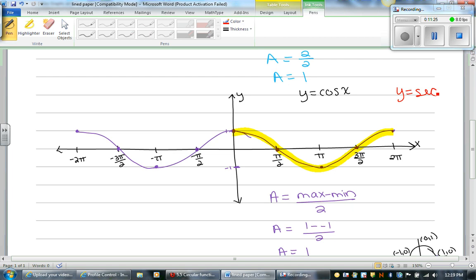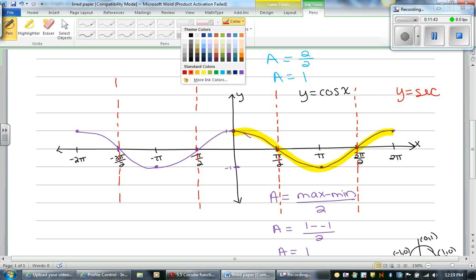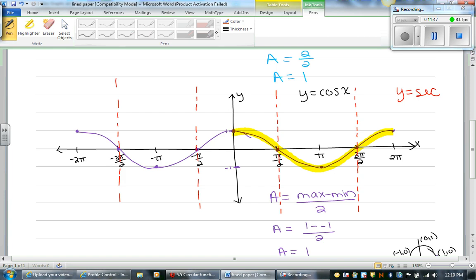Again, everywhere cosine is 0, secant is going to be undefined because it's going to be 1 over it. So it's reciprocal. Okay? So wherever you have those zeros, you're going to put in vertical asymptotes. Everywhere you have a maximum, you're going to have a point.